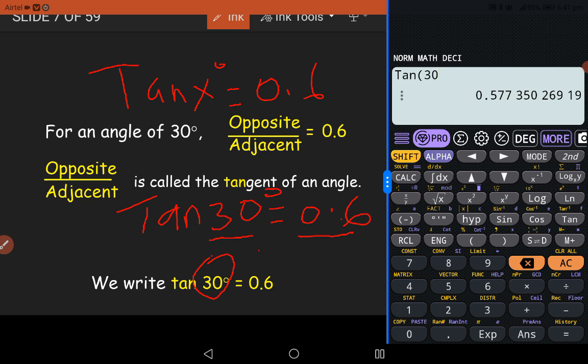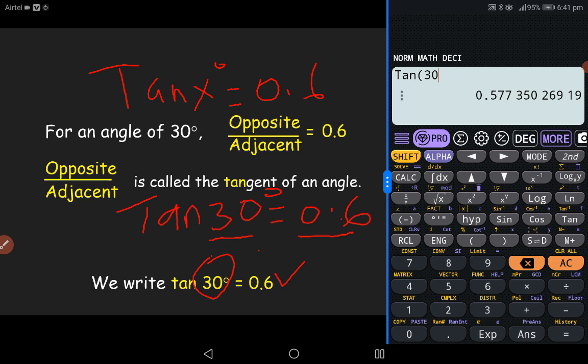When you round this to one significant figure or to one decimal place, it will give you 0.6, which we have right here. I hope so far so good, and this must be very exciting.